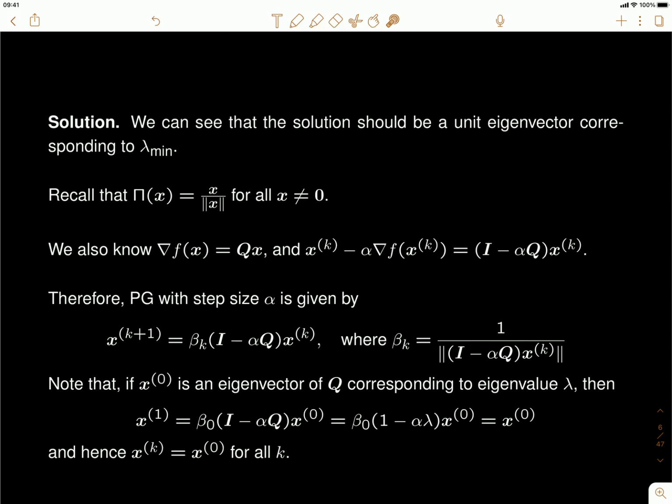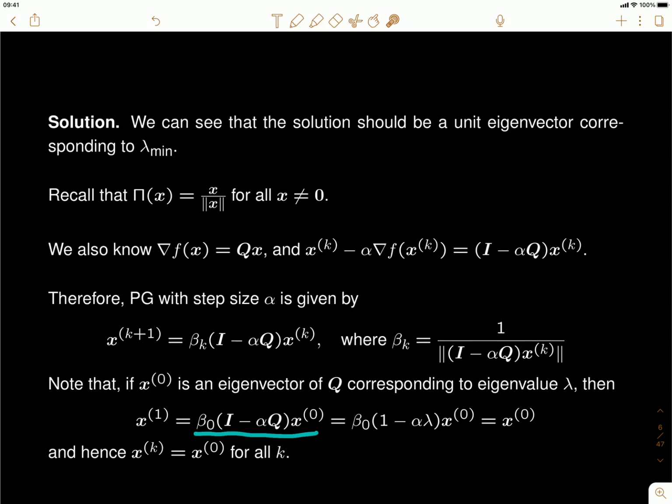And now, let's say that x0 is an eigenvector of Q corresponding to the eigenvalue lambda. If x0 is an eigenvector of Q corresponding to the eigenvalue lambda, then x1, according to our formula, will be equal to this.